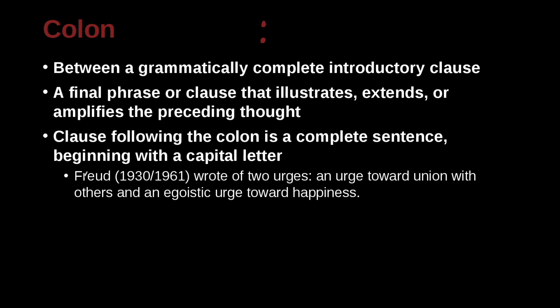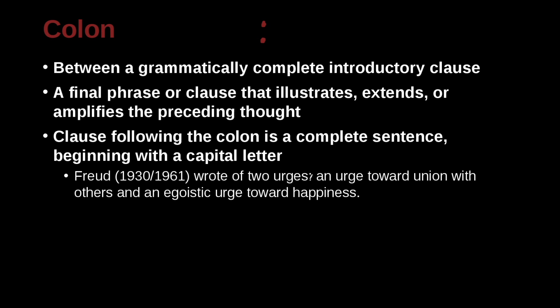So here we have Freud, and this is the citation. So this is the author, the researcher. This is the citation. And he wrote of two urges, an urge toward union with others and an egoistic urge toward happiness. So what we have here is Freud did something.